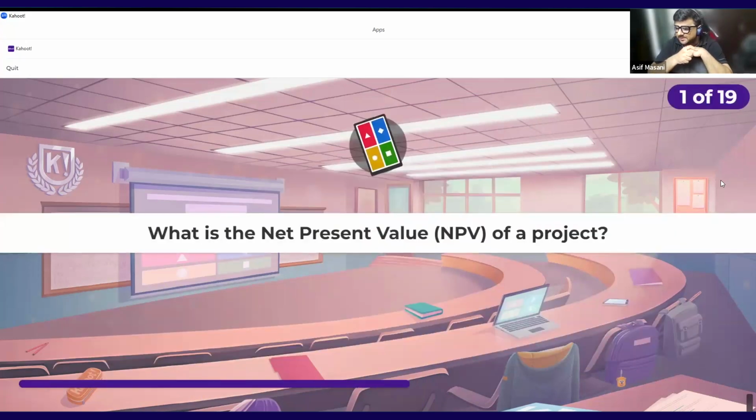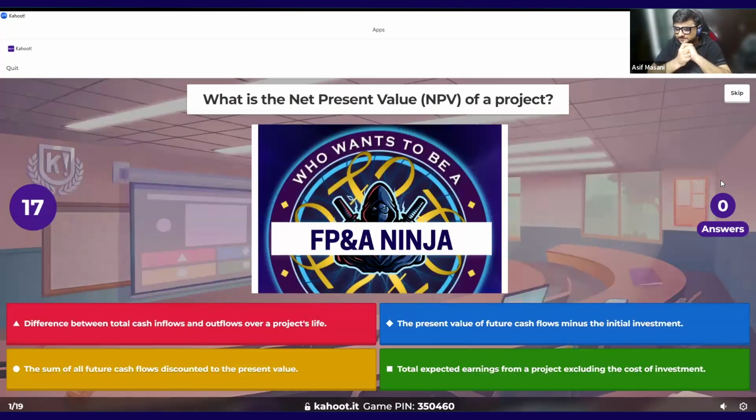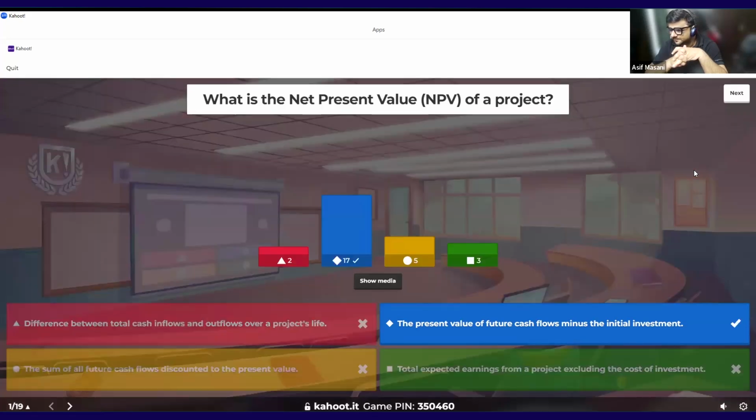What is NPV? What is the net present value of a project? Okay, I see most of you, or the majority of you, got this right.